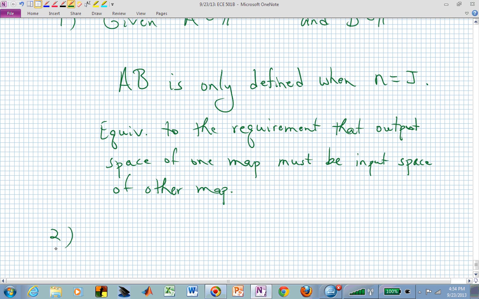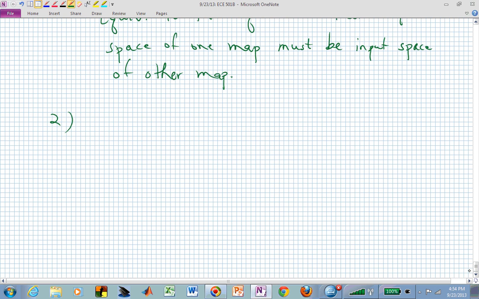The other property that we've talked about with the maps is even when we could multiply them, AB or BA, those products are in general not going to be equal. They don't commute.